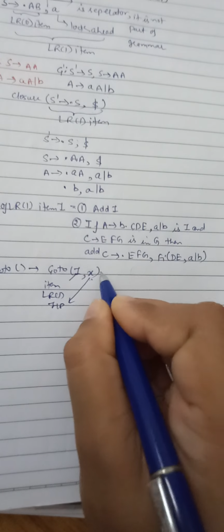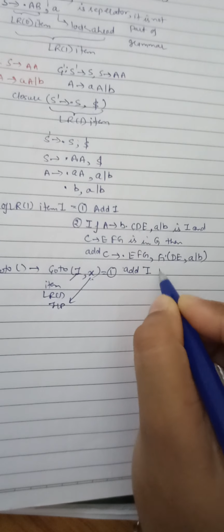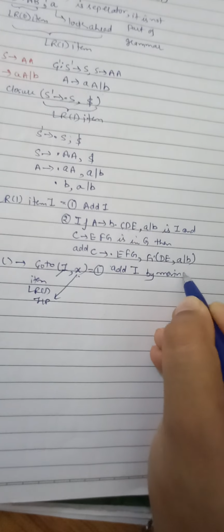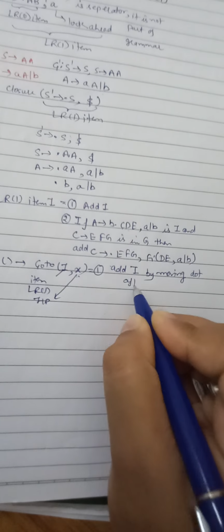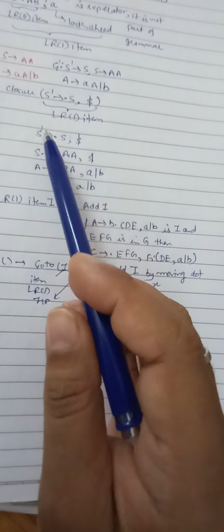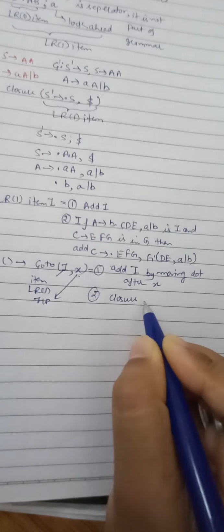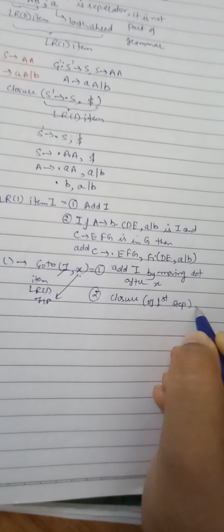So what we do here: first, we add the items of I by moving the dot after X, and second, we take the closure of the first step.